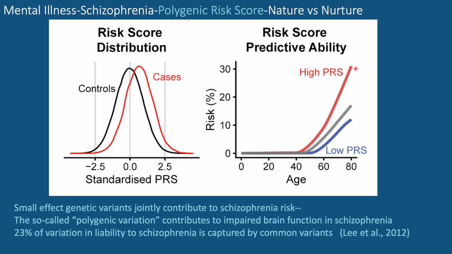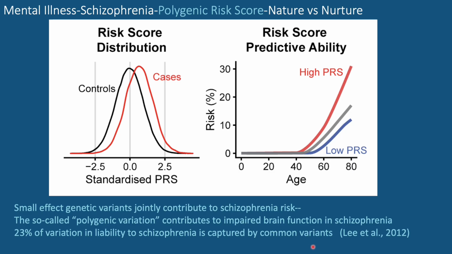The high PRS shows that when the polygenic risk score is high, its predictive ability increases with age.